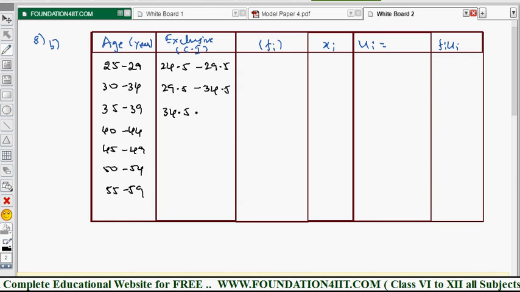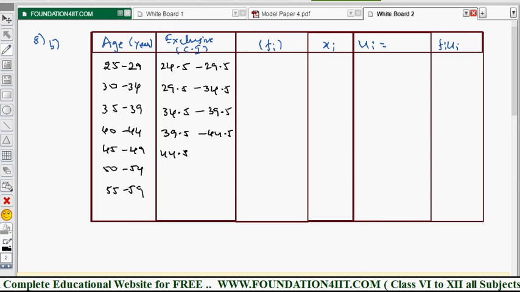Then 34.5 to 39.5, just write like this. 39.5 to 44.5.